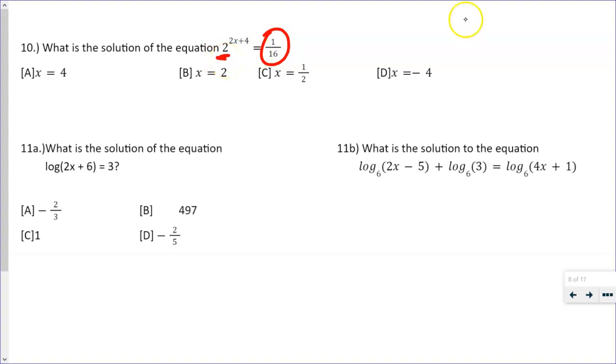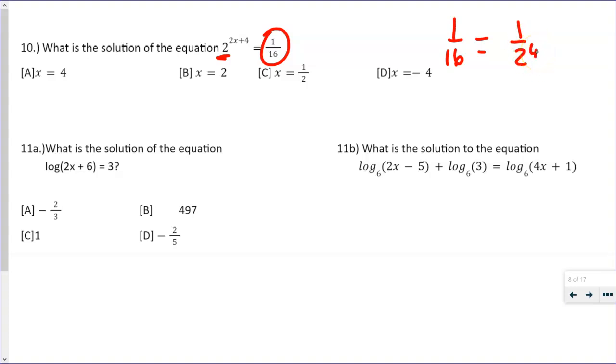So for 1/16 to become a 2, I can turn 1/2 into what power? Well, first of all, it's going to be 4, okay?